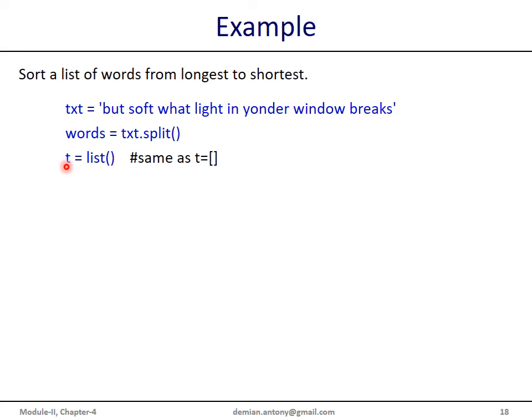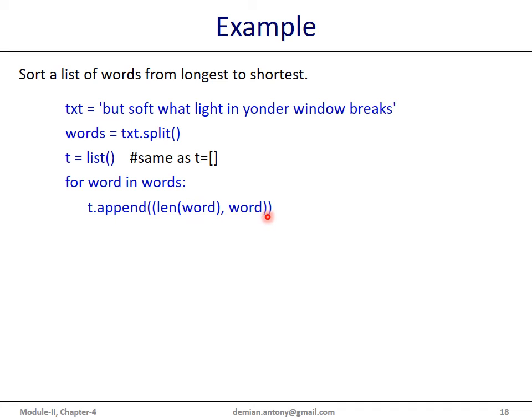T is an empty list. Now we create a list with tuples. We put the tuples into T for each of the words present in the word list. For each of the words in the word list, you calculate the length of the word, and that length of the word along with the word itself, we put them in the list T as a tuple.